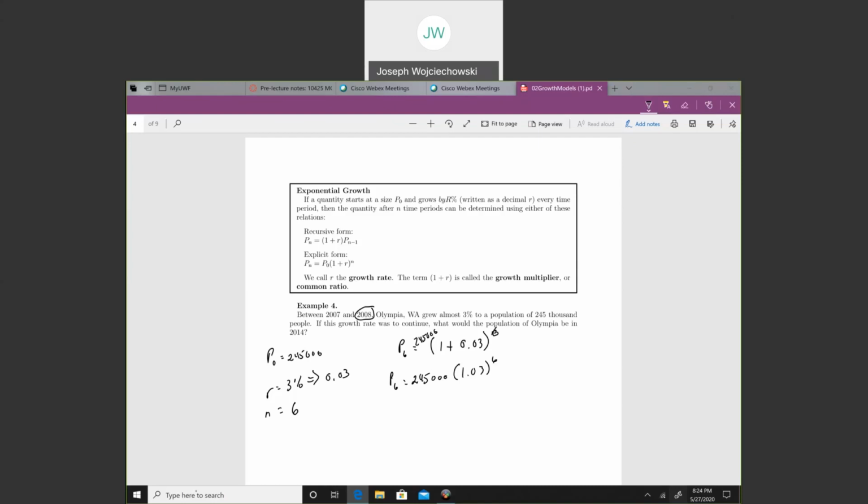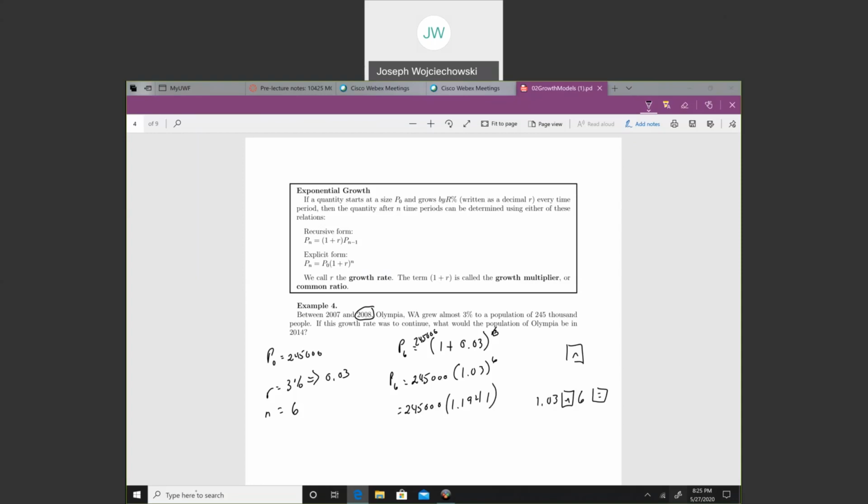Now, most calculators, you'll have a button like this. That's how you raise something to a power. So you would simply type in 1.03, hit that button, hit 6, and then hit equal or enter, whatever your calculator takes. This is 1.1941 rounded to 4 decimal places.